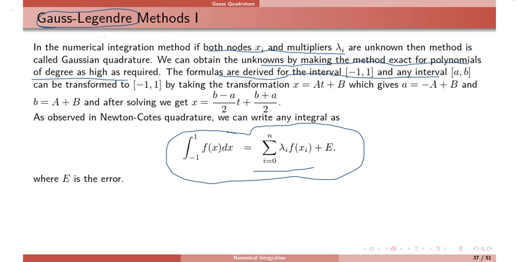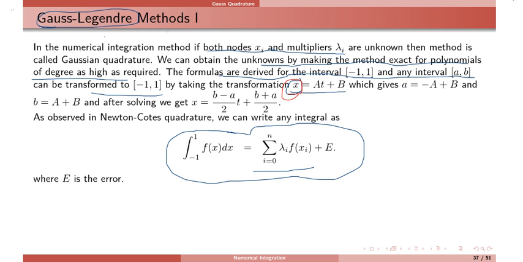Any interval a to b can be transformed into -1 to 1 by taking the linear transformation x equal to At plus B. If x goes from a to b, then the variable t belongs to -1 to 1.